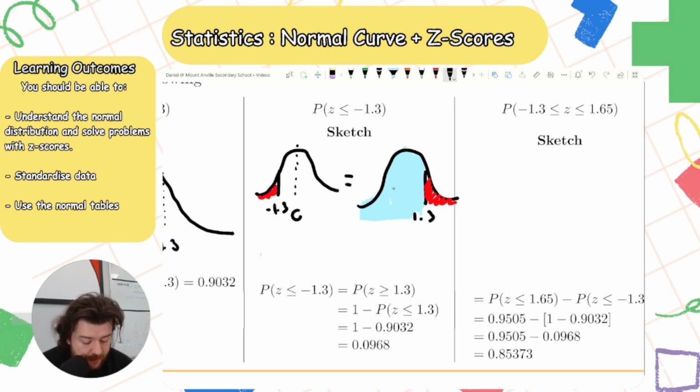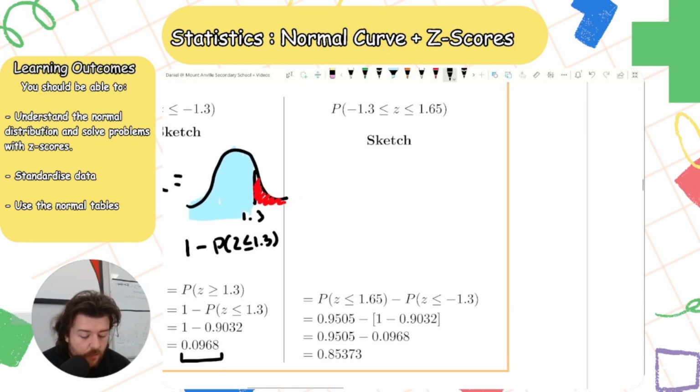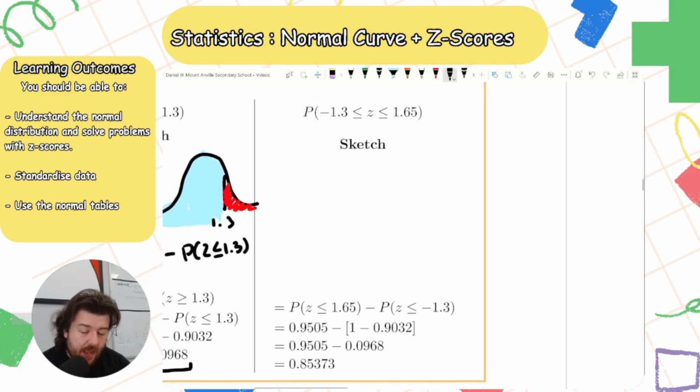So this is 1 minus the probability of the blue part, z less than or equal to 1.3, which from the table is 0.9032. Subtract it, and I get 0.0968.